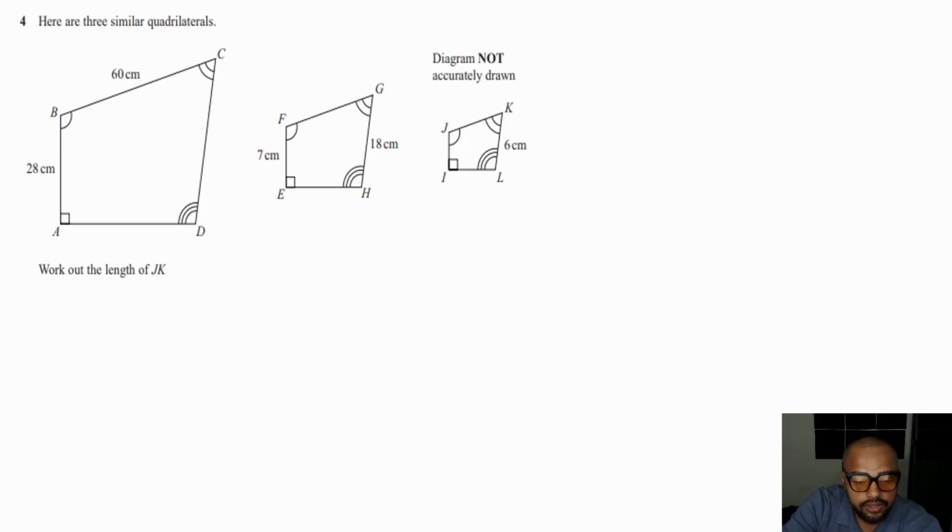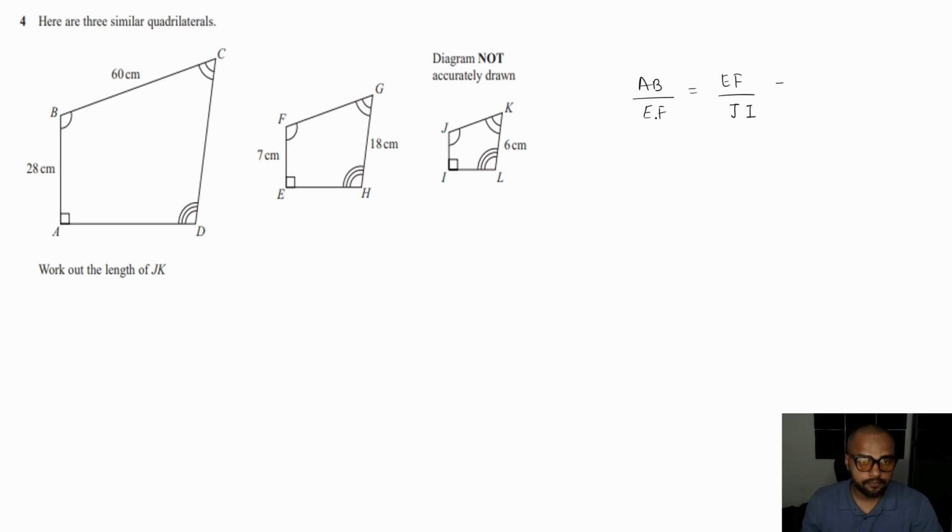Now in the next question they have given three similar quadrilaterals. Work out the length of JK. We know the similarity condition, students, that if the figures are similar in nature, their sides will be proportional. So AB upon EF will be equal to EF upon JI.